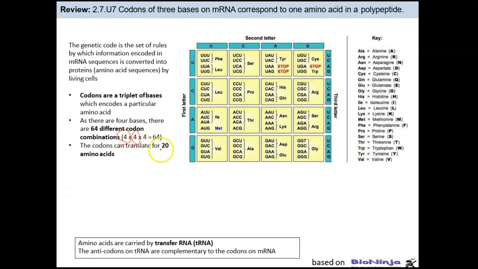And since we have only 20 amino acids, we have more codons than amino acids, so that's why we have more than 1 codon for 1 amino acid. For example, leucine can be coded by CUU, CUC, CUA, or CUG. That's the reason our codons are more than the number of amino acids.